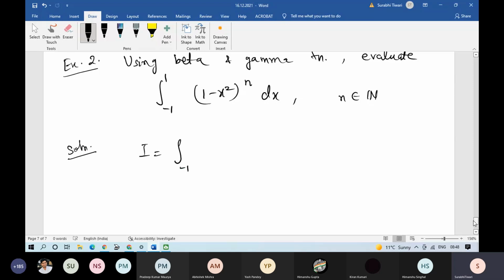The integral given to us is -1 to 1 (1 minus x square) to the power n.